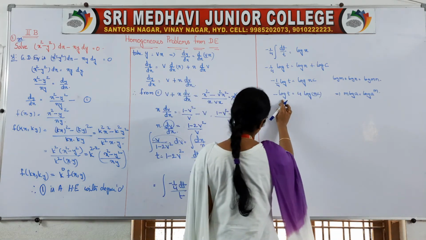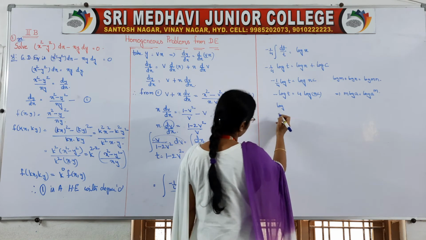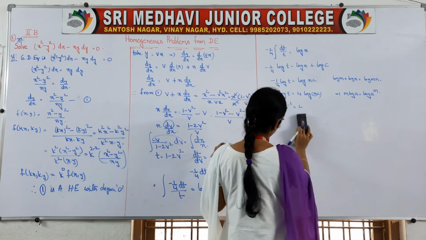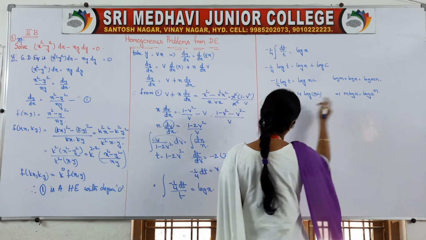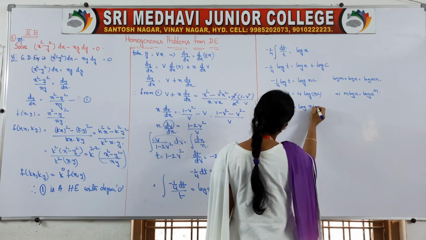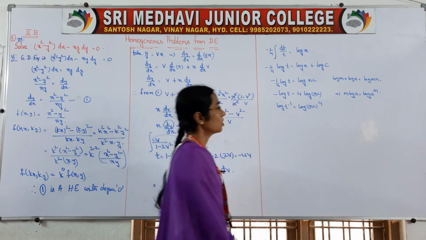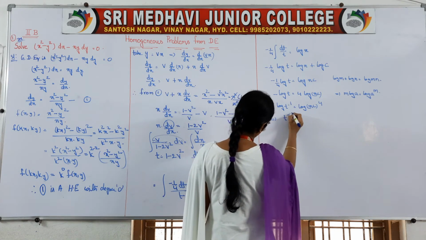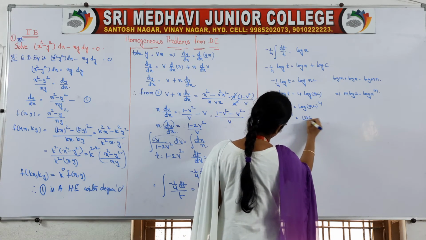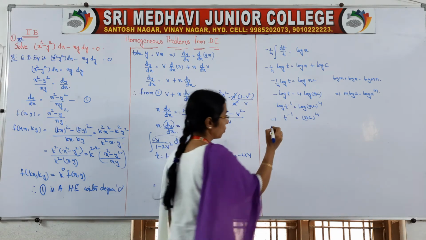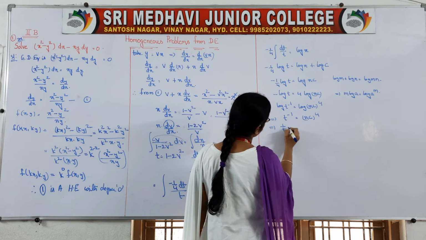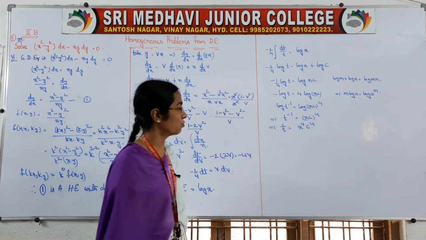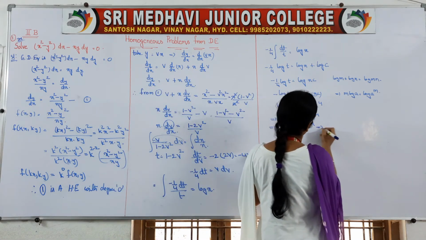Again this can be written as log t⁻¹ = log (xc)⁴, again taking the m log a form. Taking log on both sides, this implies t⁻¹ = (xc)⁴, so 1/t = x⁴c⁴.